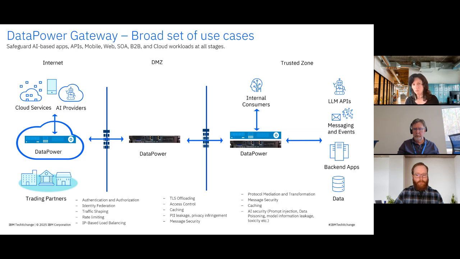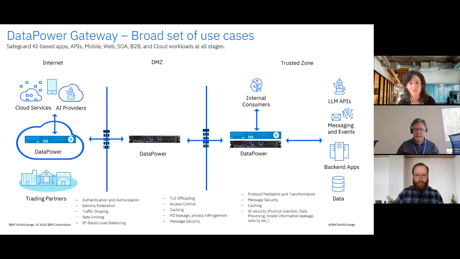In most of our customers, what we are seeing is they don't have just one installation somewhere, just one gateway. They have multiple gateways at different scales, deployed to different networks, and sometimes you need to manage these different configurations on different DataPowers in a very efficient way. That's why it's important to have these unified DevOps principles via our GitOps integration.